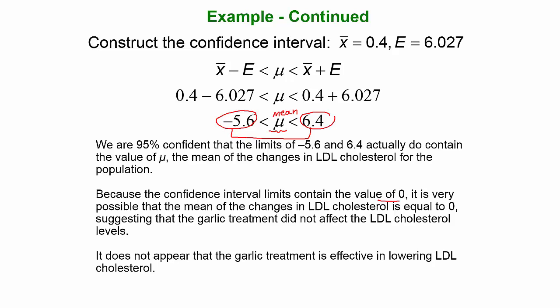This interval contains 0 on the number line. So that suggests that the garlic treatment may not have affected the LDL cholesterol levels at all. So it does not appear that the garlic treatment is effective in lowering LDL cholesterol.